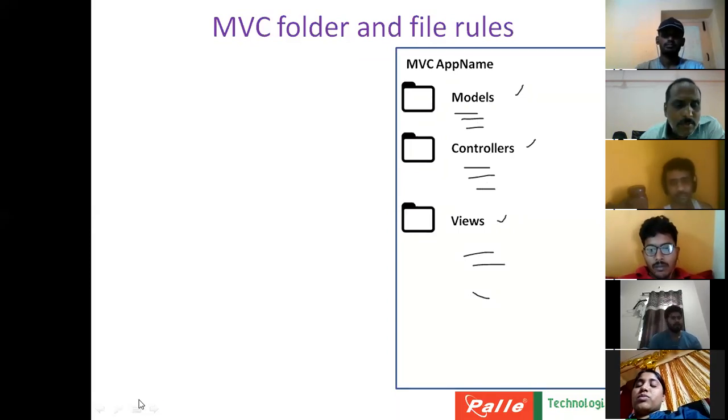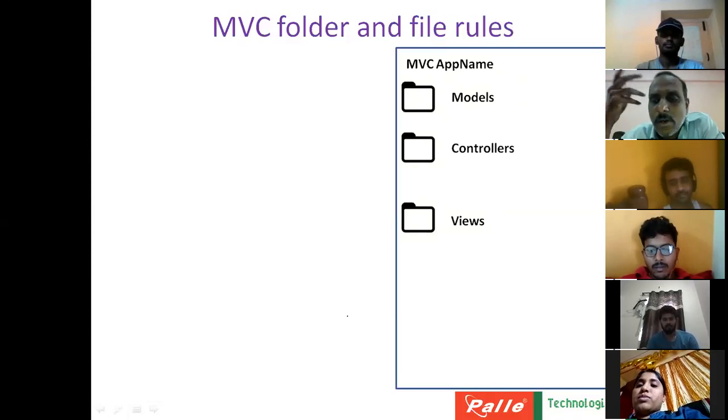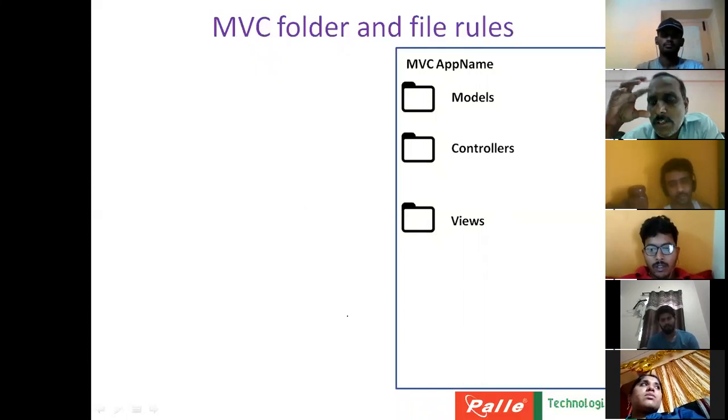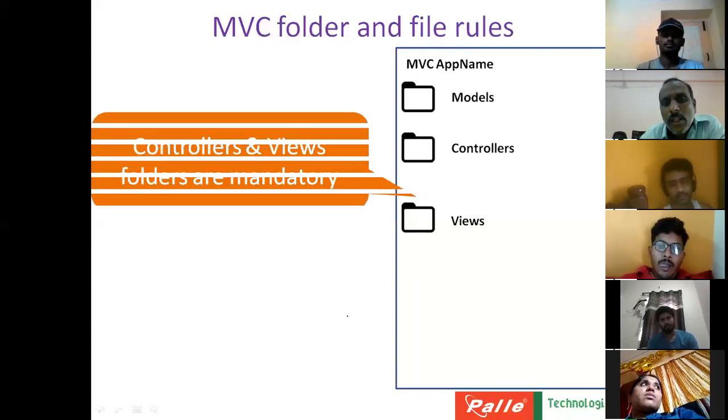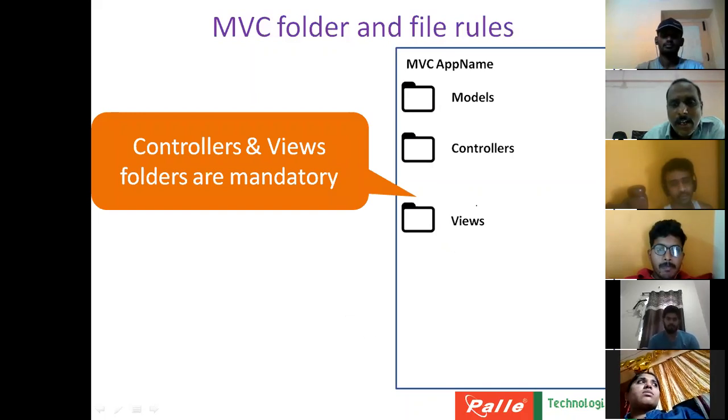It is just a simple thing, nothing to get worried about. Models will have model classes, controllers will have controller classes, views will have view files. We will talk about what that view file is later. Now there are some important rules here. First rule is, every MVC application requires this folder.